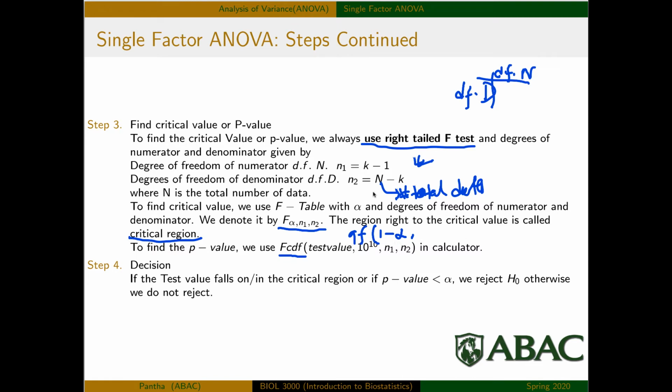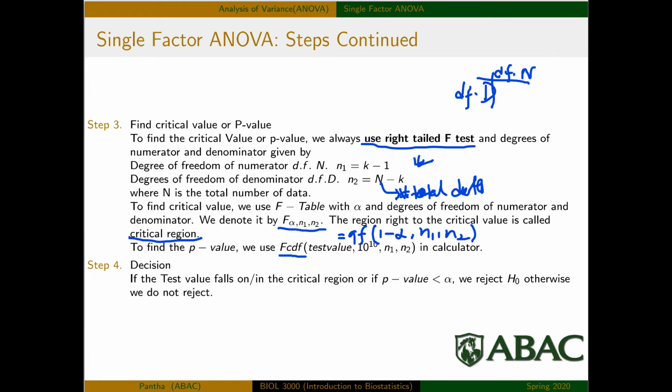Since this is the right tail test, you need to do 1 minus alpha and then n1 and then n2. If you do that, you can find the critical value in R. So F alpha n1 n2 is equal to QF 1 minus alpha, n1, n2. That's what you use, okay, guys.